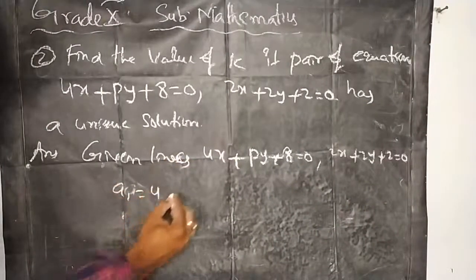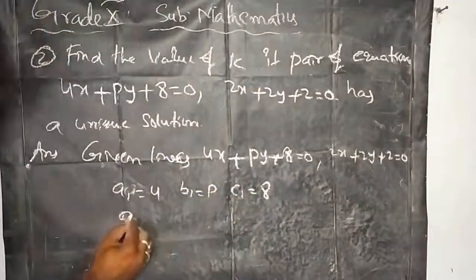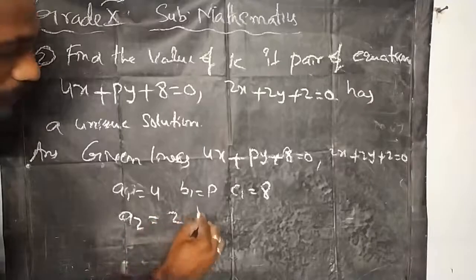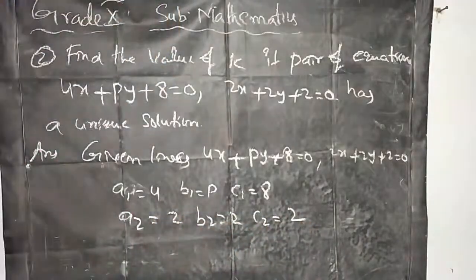A1 is 4, B1 is p, and C1 is 8. A2 is 2, B2 is 2, and C2 is also 2.